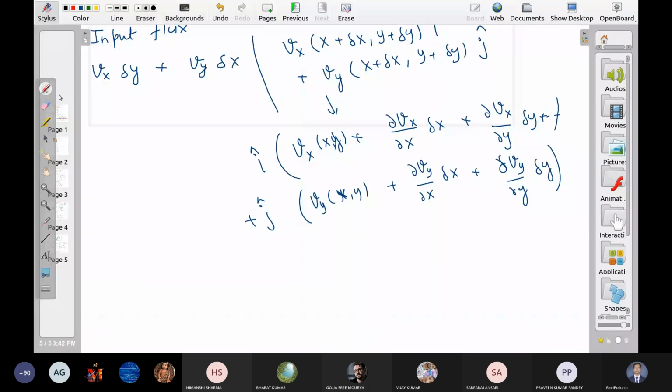How much will the outgoing flux be? Multiply I cap component with delta y, multiply j cap component with delta x. How much is it? Vx. Now I'm going to drop this xy in bracket. Multiply delta y with this.